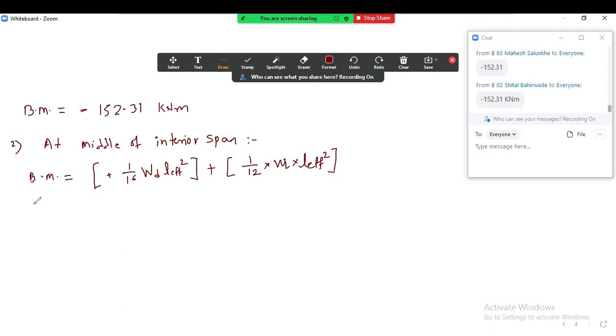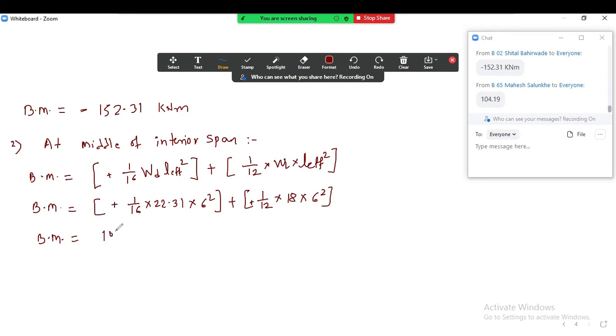Just put the values. Bending moment is equal to 1 by 16 into dead load 22.31 into 6 square, plus 1 by 12, this is a plus value, into 18 into 6 square. 104.19 kilonewton meter.